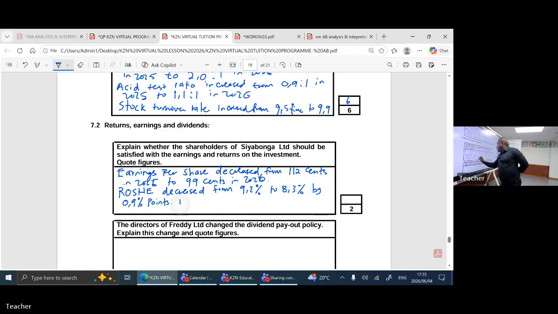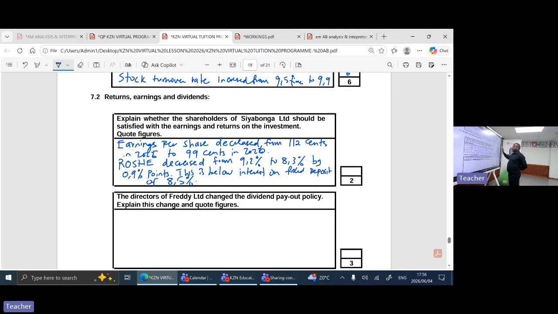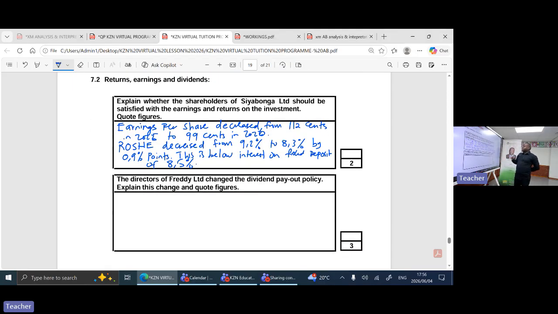So this is below the interest on fixed deposits of 8.5%. You must mention the interest on fixed deposits in percentage so that you have a strong point, because the question says we must quote figures.